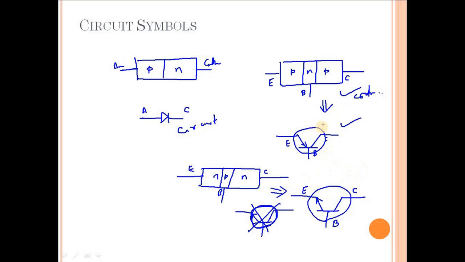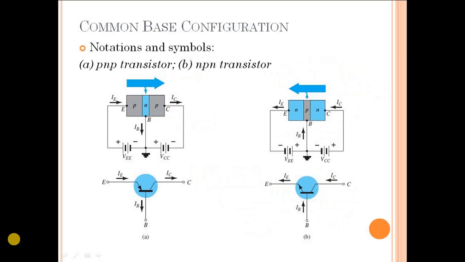So you should not confuse. A PNP BJT has an arrow facing downwards, and an NPN BJT will have an arrow facing outwards of the emitter terminal. So in BJTs, whether we have a PNP BJT or an NPN BJT, in each case we can have three types of BJT configurations.